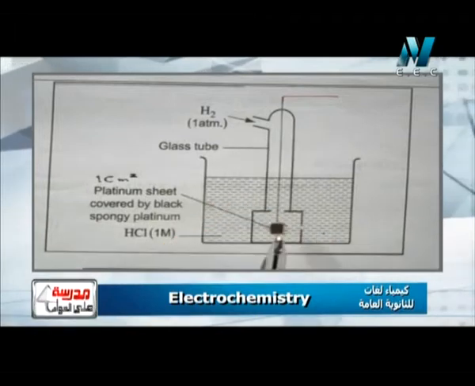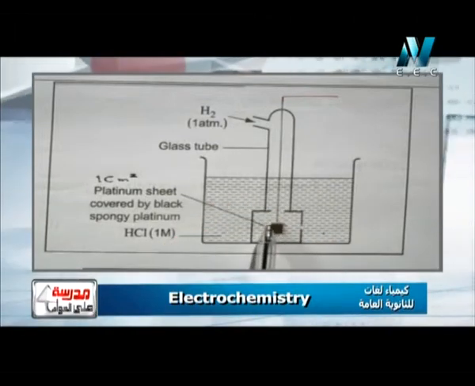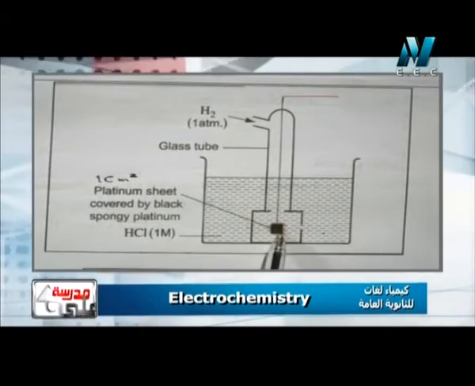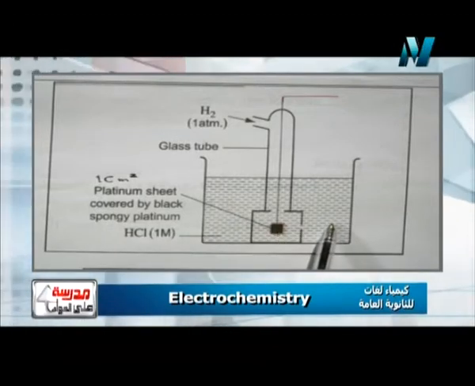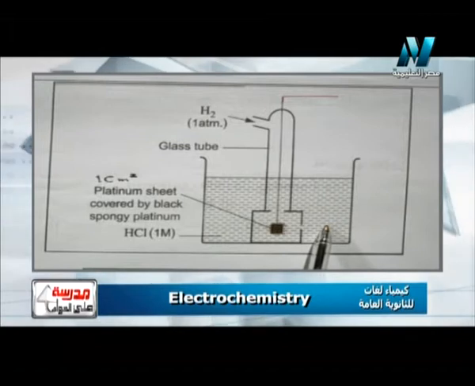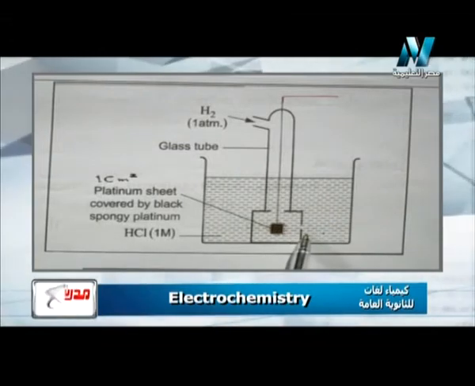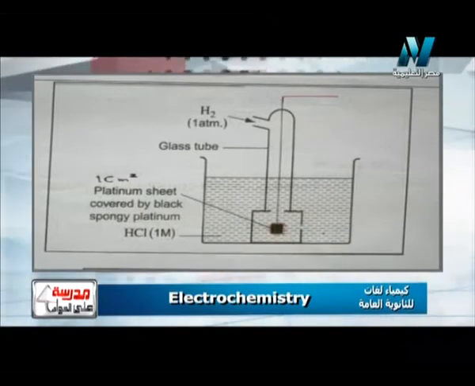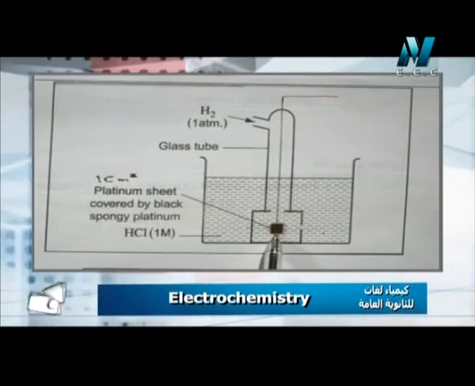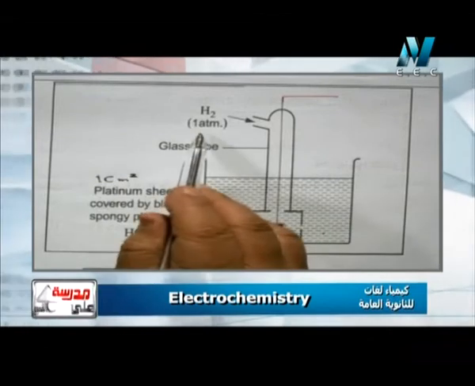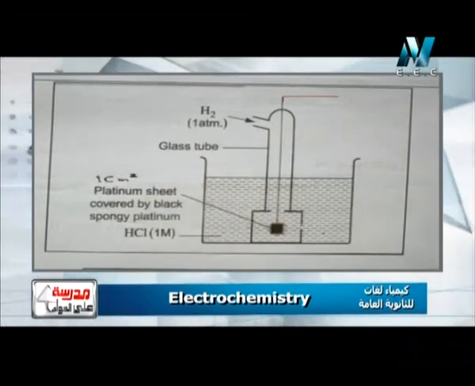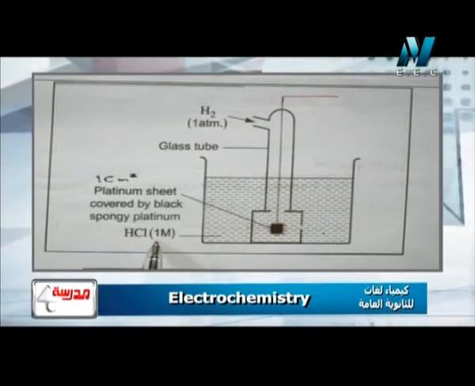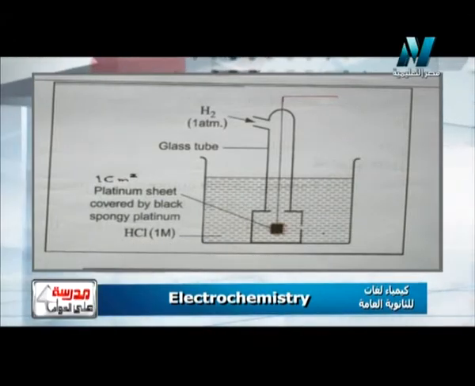This hydrogen gas is collected on the surface of the platinum sheet. The standard electrode potential of hydrogen equals 0 only when the pressure of hydrogen is 1 atmosphere and the concentration of the ion is 1 molar.